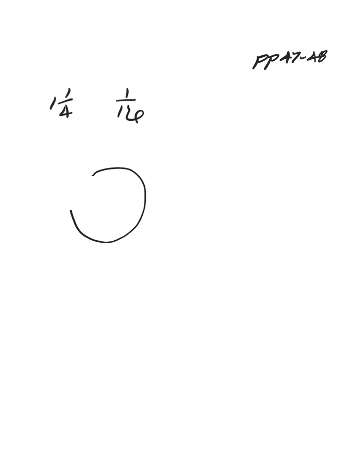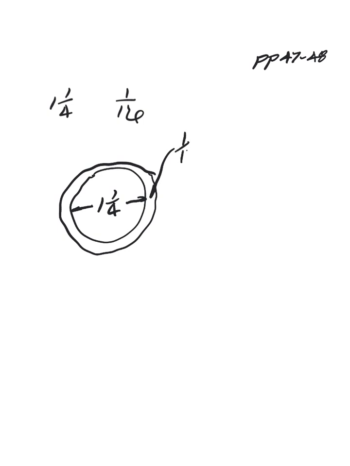So we've got this piece of pipe that's 1 1/4 inches from here to here, and then this part here is 1/16. So the distance from here all the way through here is going to be 1 1/4 plus 1/16 here plus another 1/16, which is this thickness here.